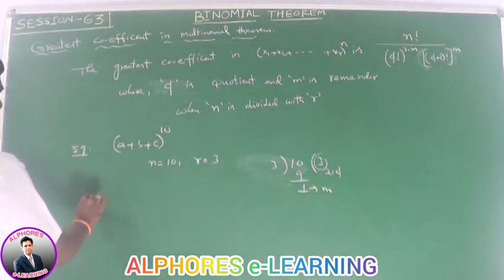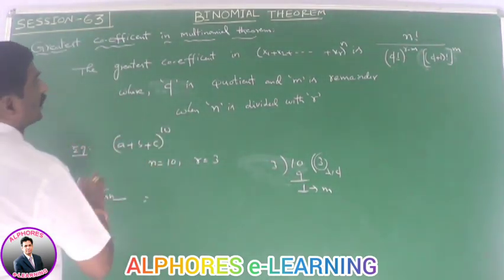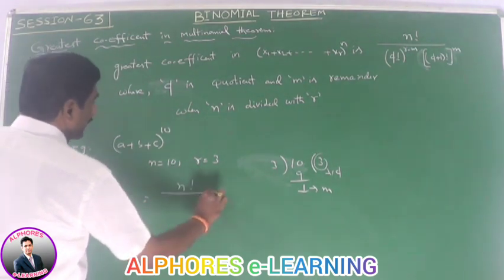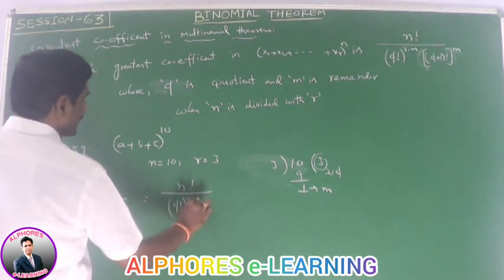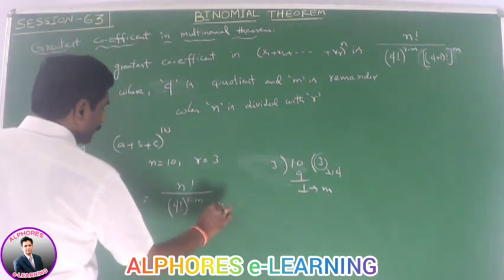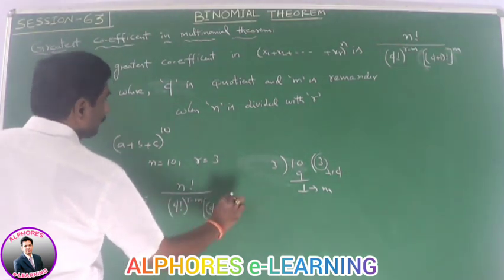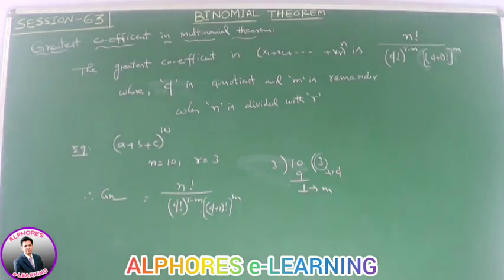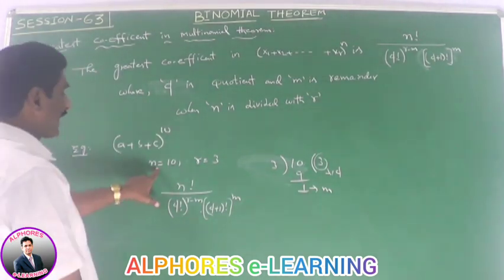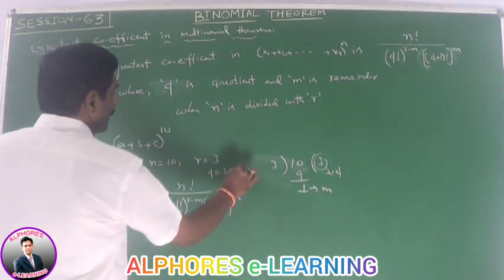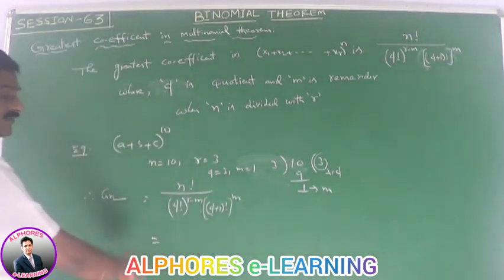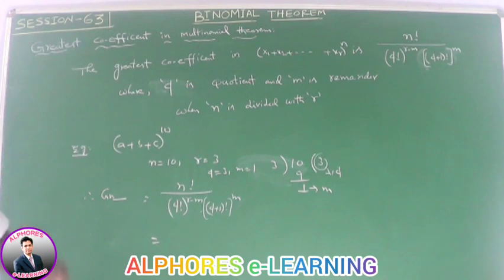So, therefore the greatest coefficient is equal to, what is the formula? n factorial by (q factorial) whole power (r minus m) into ((q+1) factorial) whole power m. It is the formula. Here n is equal to 10, r is equal to 3, q is equal to 3, m is equal to 1. Substitute these values in this formula, we get the greatest coefficient.